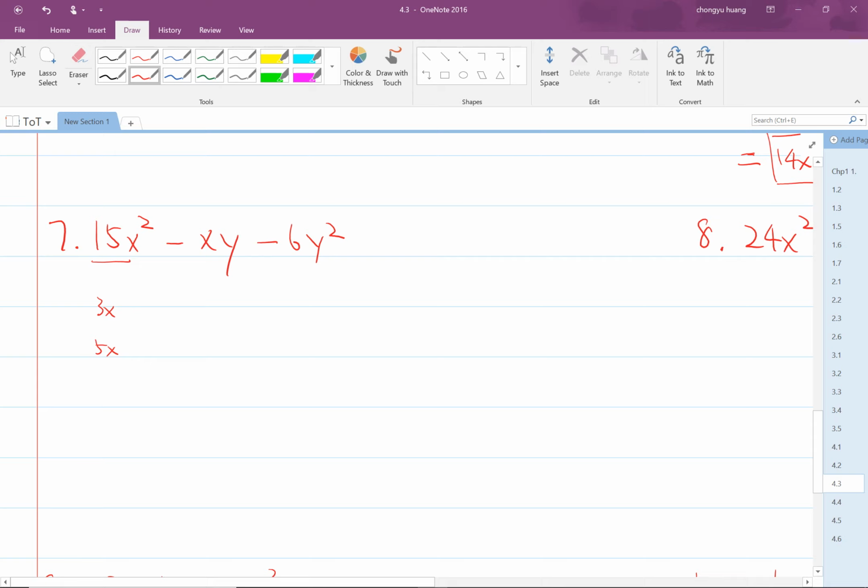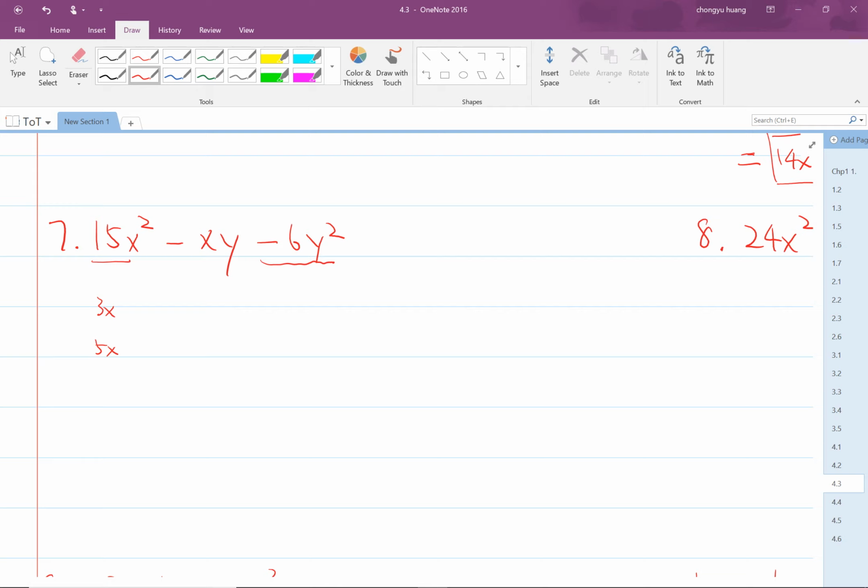So 3x multiplied by 5x is equal to 15x squared. Now we have to choose the numbers to make the combination, to make the cross calculation.